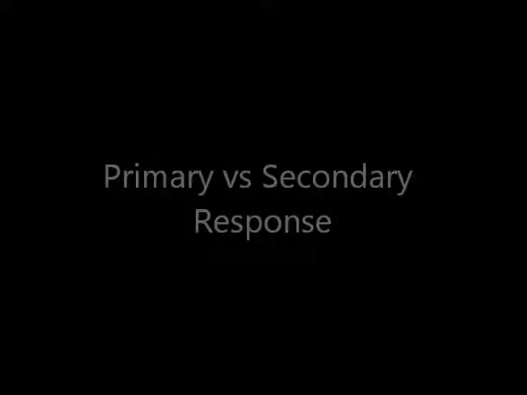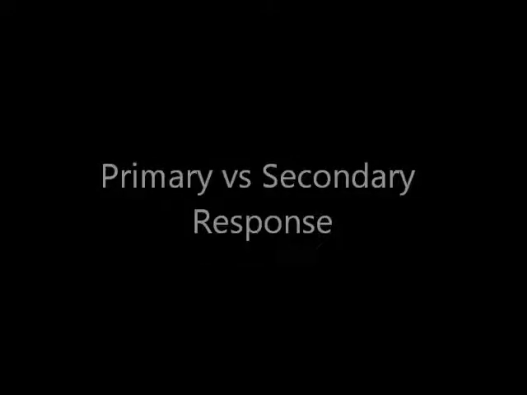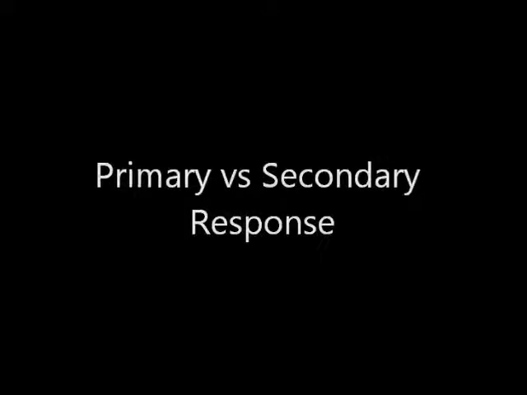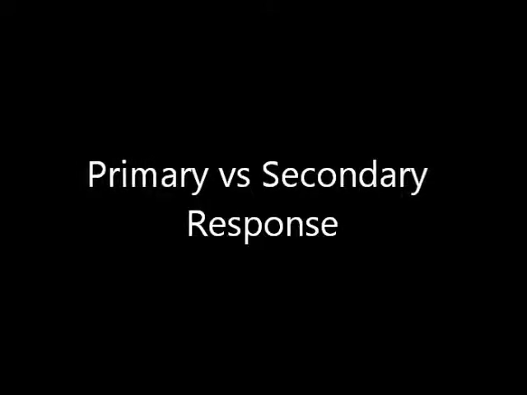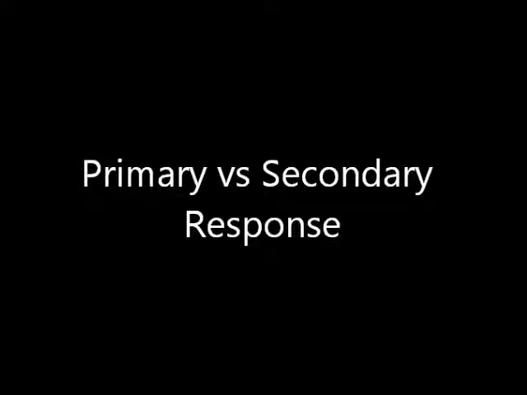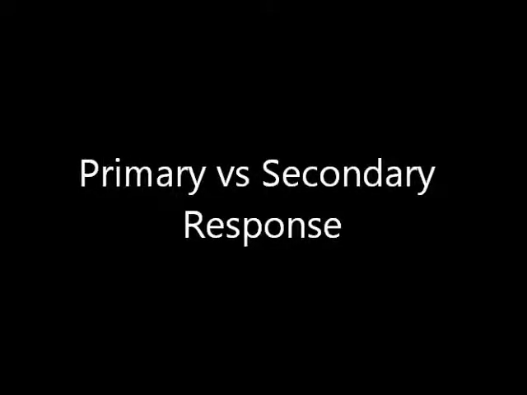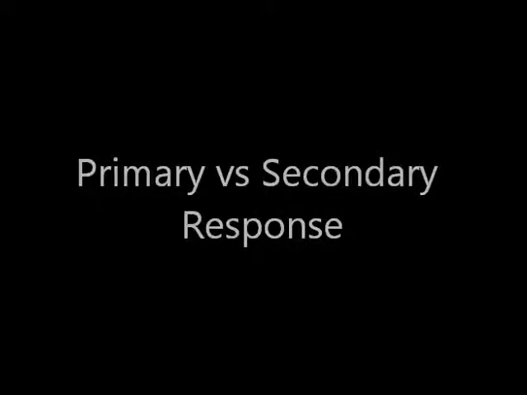Okay, this first presentation is in response to exam 1B, question number 3, primary versus secondary responses of the immune system. I'll be comparing those two responses, but first, for any of that to make sense, I'd like to back up and consider the innate immune system and the adaptive immune system.